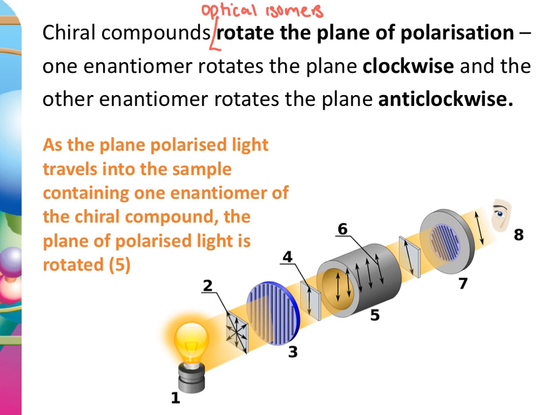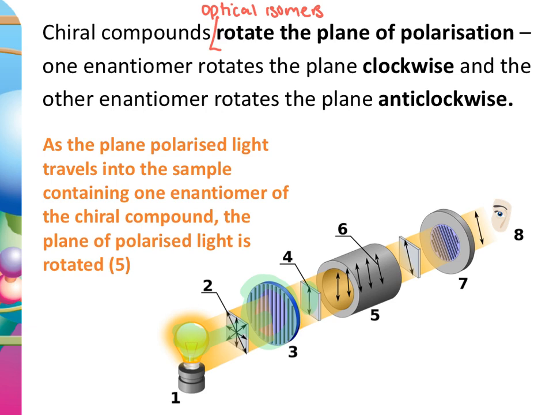So at the bottom here we try to show this polarimeter. We've got our source of light at the beginning, and that is vibrating in all directions, and then it goes through a sheet of Polaroid. So that ensures now that we have light only in one plane, here just perpendicular.